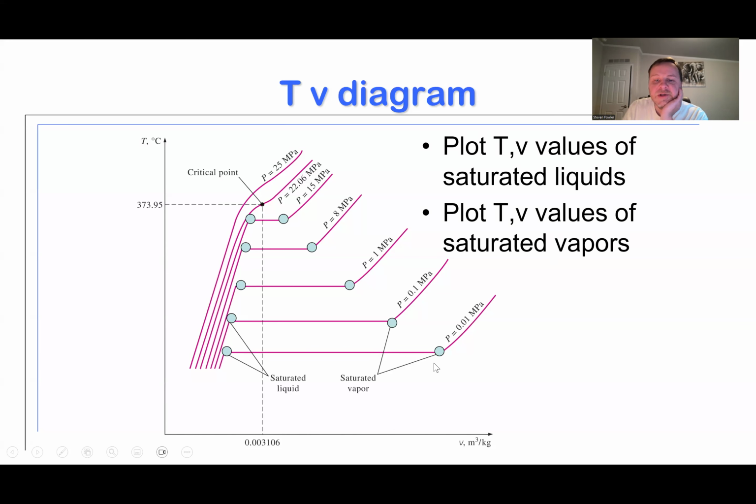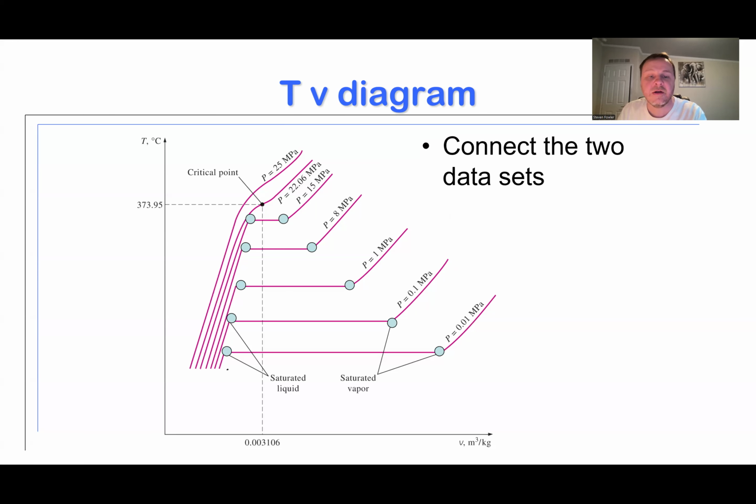And if we plot those same temperature volume values for the saturated vapors, that's this side of those phase changes. And then we connect those two data sets. So we connect the dots for saturated liquids all the way up to the critical point. We connect the dots for saturated vapors all the way up to the critical point.